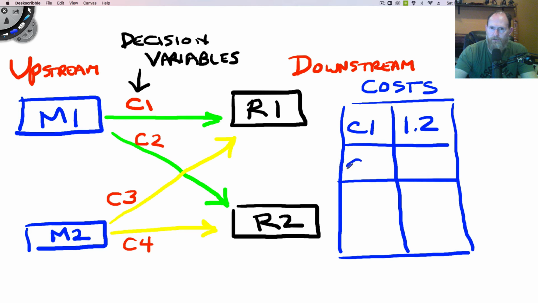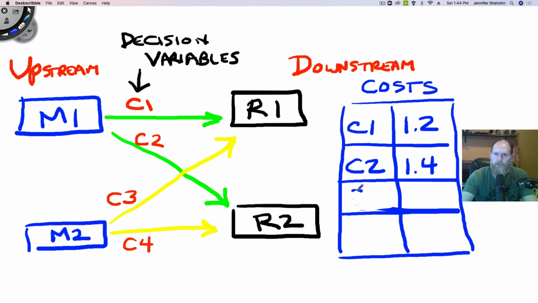On channel 2 it costs 1.4. On channel 3 it is 1.1, and on channel 4 it is 1.5. Like I said in the last video, that means if we send 500 units on channel 1, the cost would be 500 times 1.2. So these are our coefficients.